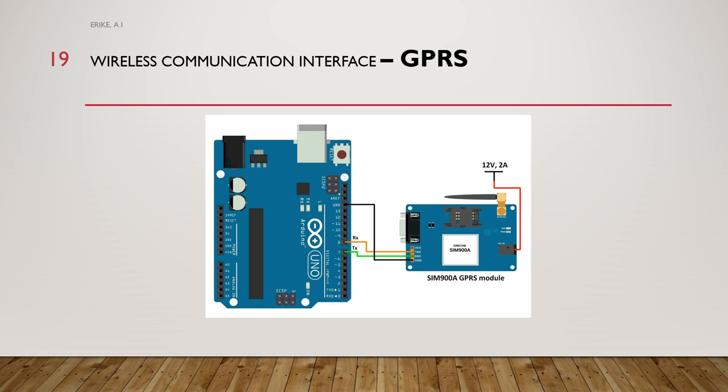Now when you look at the GPRS, which stands for General Packet Radio Service, you see that it can be incorporated into the embedded system itself.